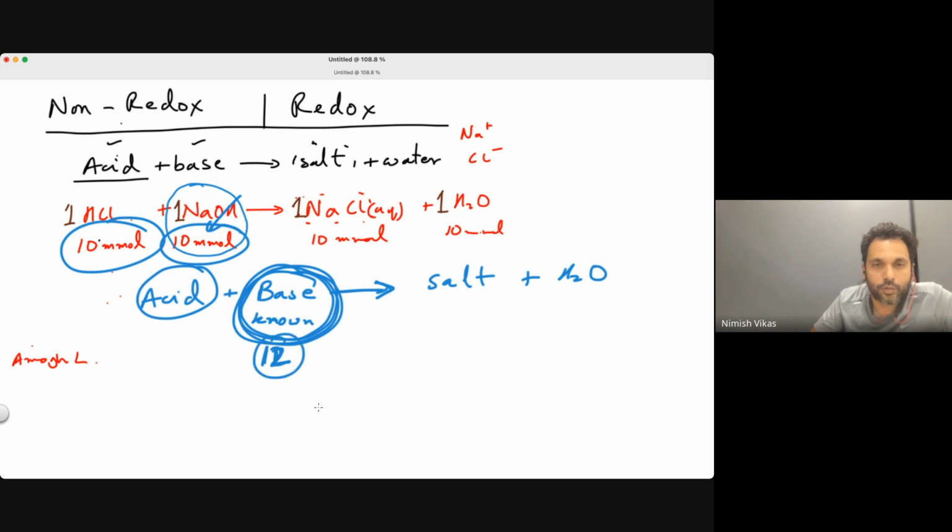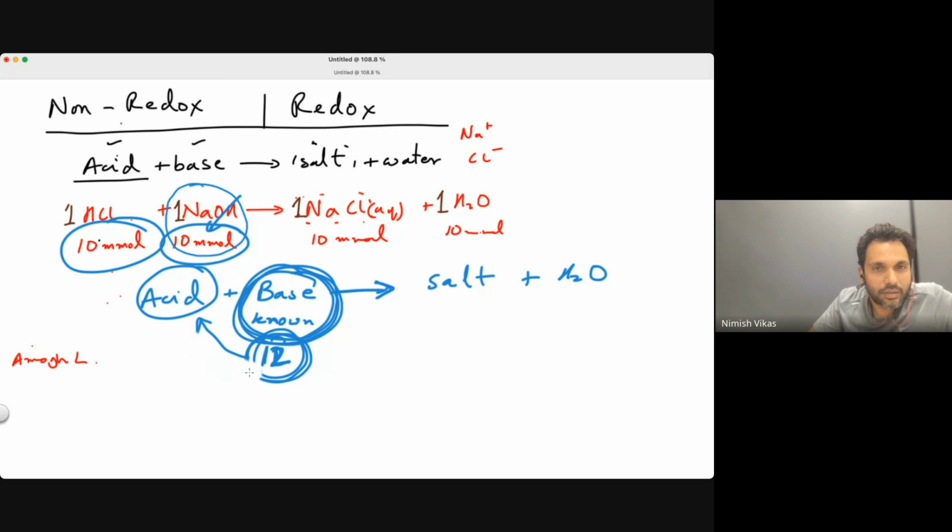It got left over. So now you don't know, out of this 12, how much actually reacted with the acid. Was it 10 which reacted with the acid? Was it 11? Was it 9? So they give excess of base or excess of acid. That is one of the ways they set up the question. Is that clear? Are you getting the point I'm saying?